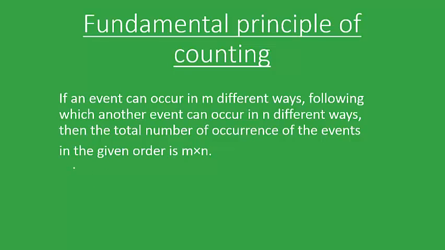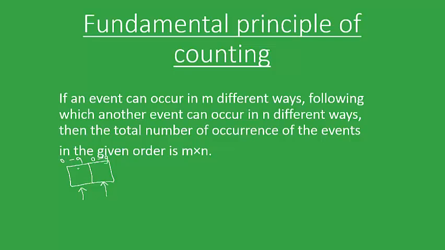To get a feel of this, take an example. Let's say we have a key lock which has only two digits, and each of the two digits can be from 0 to 9. Then we can form different combinations of the lock.